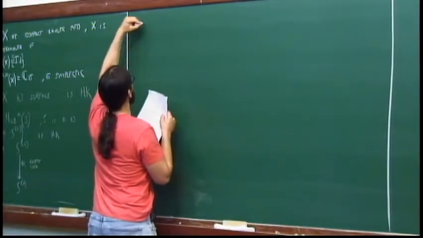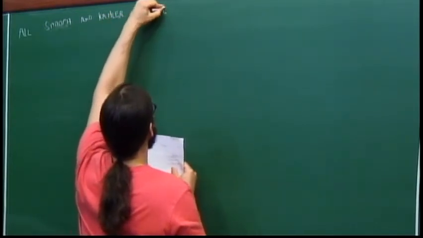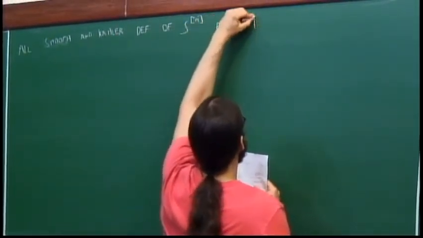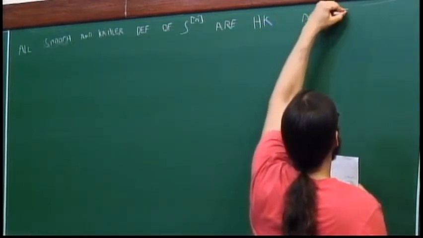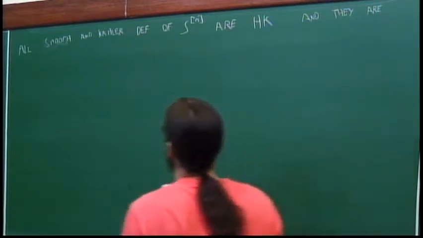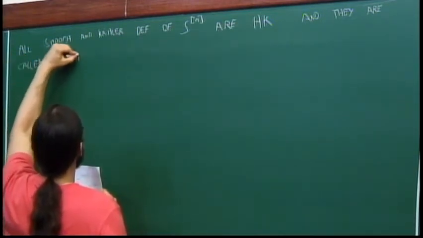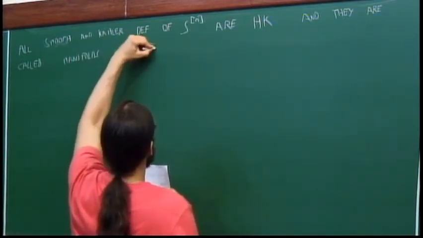And all smooth and Kähler deformations of S^[n] are hyperkähler, and they are called manifolds of K3^[n] type.